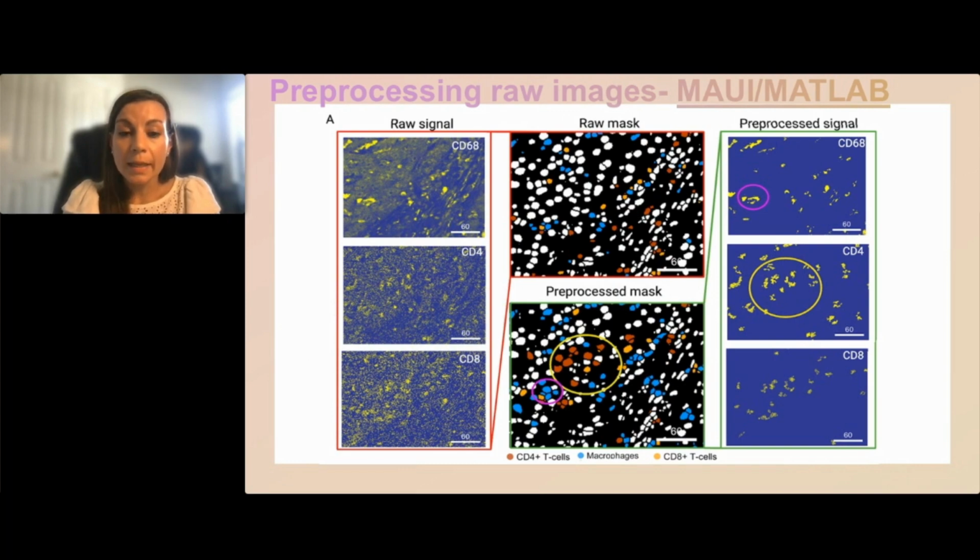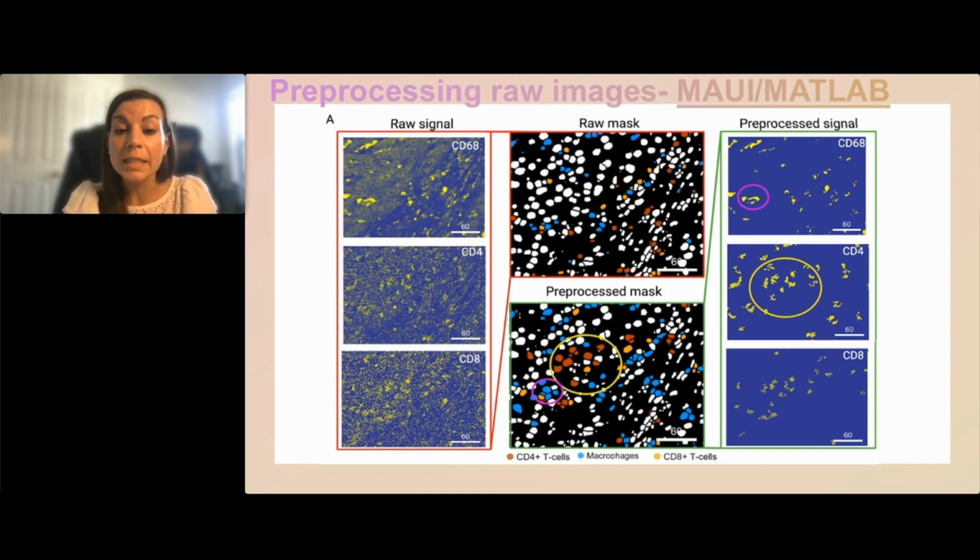This is an example of how this preprocessing is actually enhancing the quality of our data. You can see here that the CD4 signal is improving, as well as CD68 and CD8, compared to the raw, non-preprocessed image.